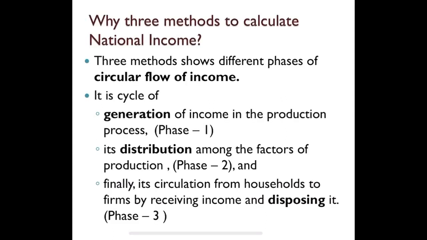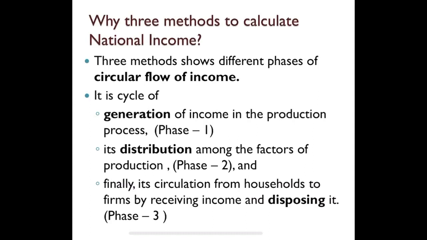So the answer to my first question, why there are three methods to calculate, is from the circular flow of income. Basically, when you talk about income, we say that income flows in a circular direction. The cycle begins from production, then distribution, and finally disposition.